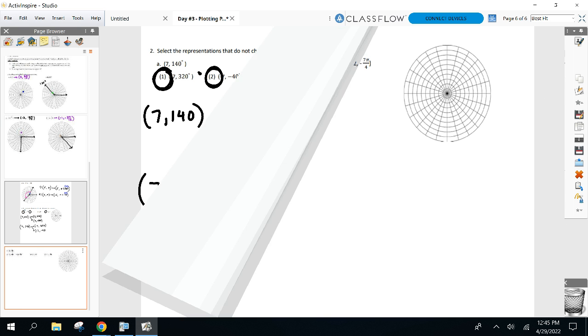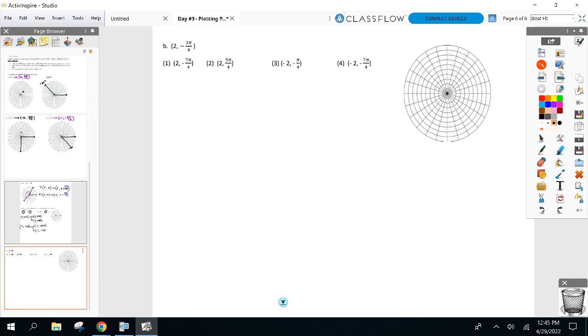All right, let's go. So how many of these up here are the same location as 2, negative 3 pi over 4? I checked all your assignments yesterday.